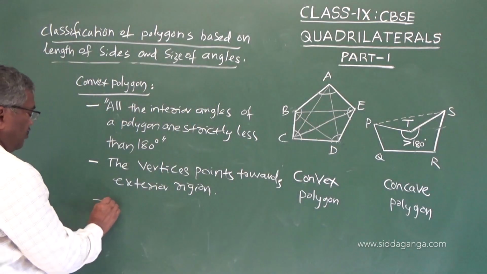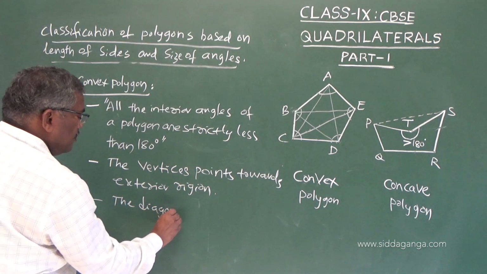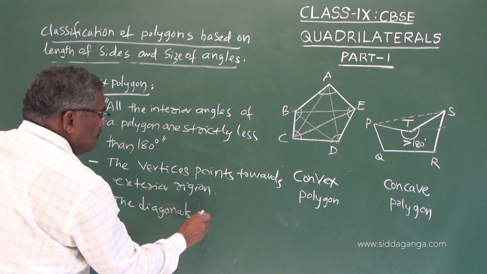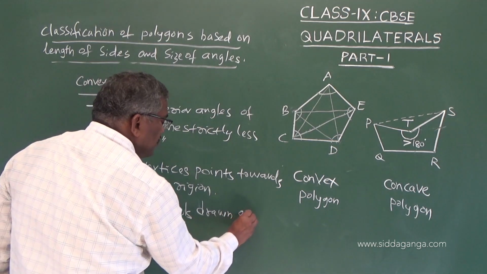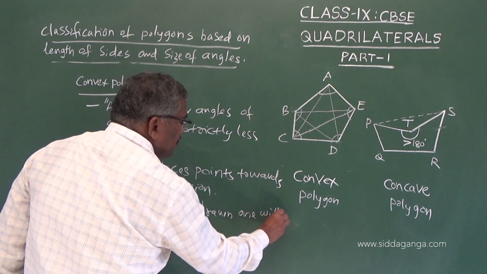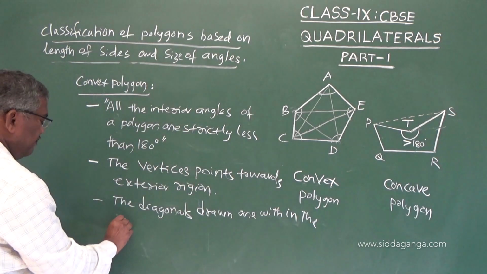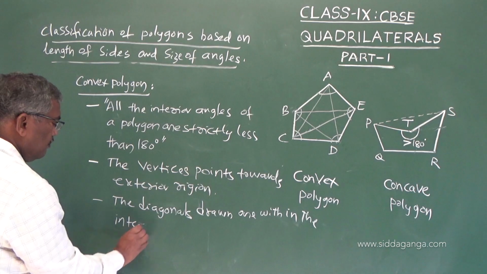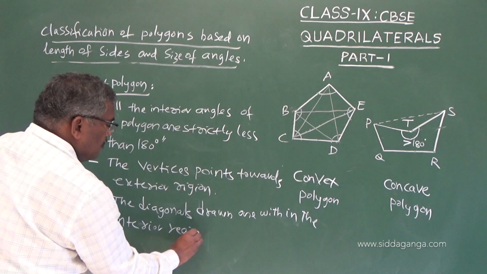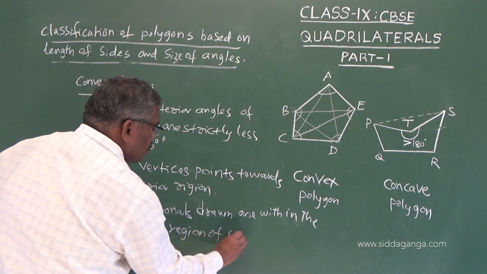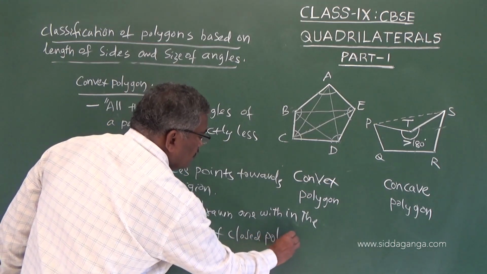The diagonals drawn are within the interior region of a closed polygon.